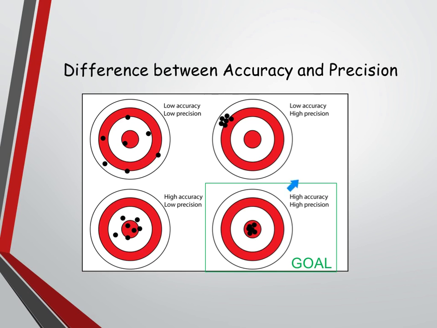And again, our goal is to have high accuracy and high precision, so we have all our arrows inside of our target, in the center of our target. Now you could use the same thing for data. Our goal is to get all the data close to each other and close to the accepted value or the true value when we make a measurement.